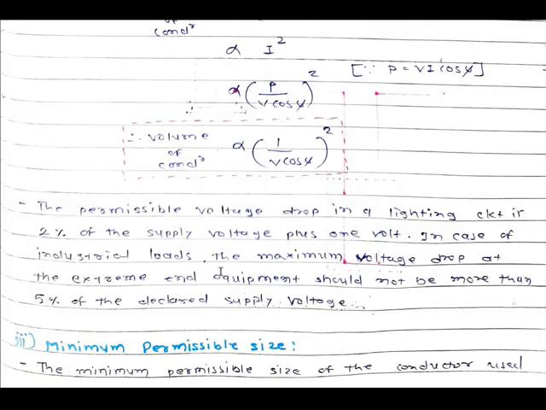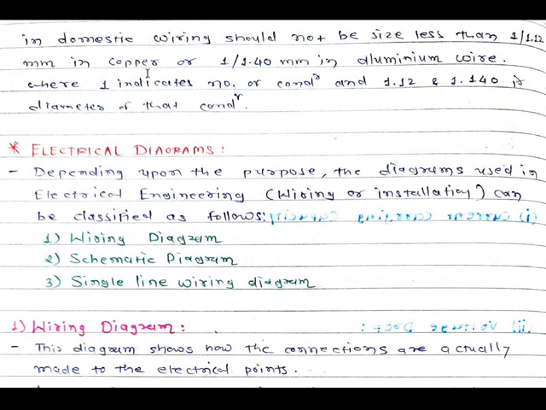Now, last one is minimum permissible size. The minimum permissible size of the conductor used in domestic wiring should not be less than 1/1.12 mm for copper or 1/1.40 mm for aluminum wire, where 1 indicates the number of conductors and 1.12 and 1.40 indicate the diameter of that conductor.